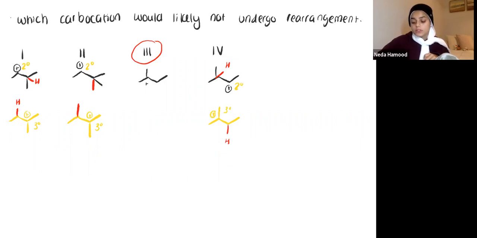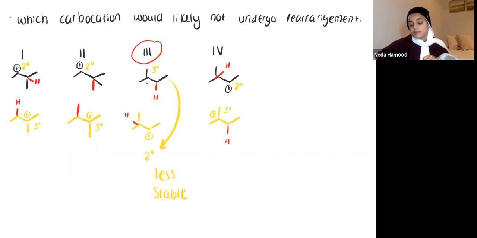So one of our hydrogens is moving from over here. Then we have this. The carbocation moves over here. And then we have a new hydrogen over there. But over here, we're moving from being a tertiary carbocation to a secondary carbocation, which means that we are becoming less stable. So that means that this rearrangement won't happen.